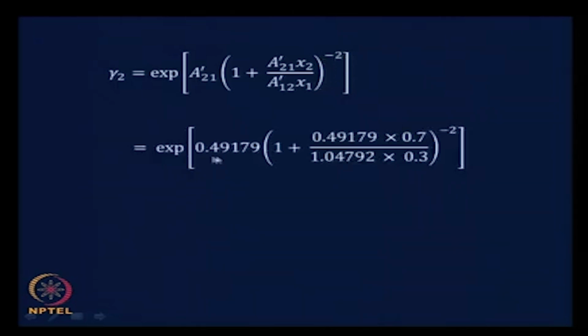Substituting the values, 0.49179 for A21 dash and 1.04792 for A12 dash, 0.7 for x2 and 0.3 for x1, and doing the calculations on a calculator you will get 1.119 for gamma 2. Now we were asked to do that for the Wilson model and compare the two.